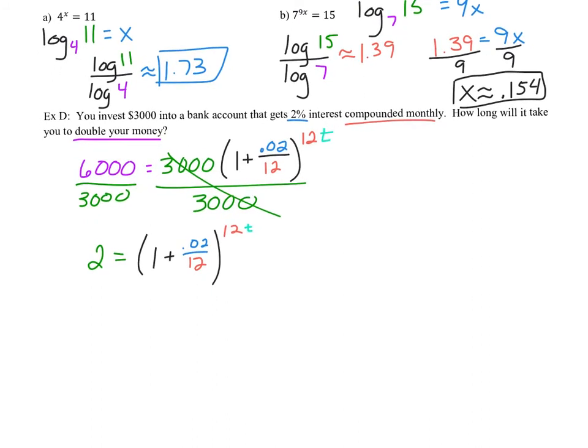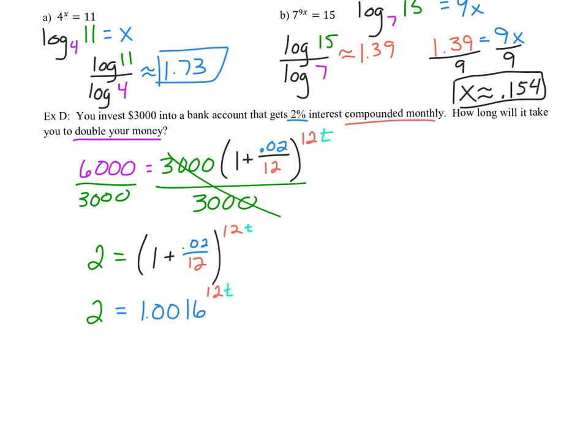So now I'm like, well, this exponent is still tied to all of this. Well, all of this really is just a number, right? So I want to figure out what that number is. So I'm going to do 0.02 divided by 12, and I'm going to add 1 to it. I'm going to get 1.0016, and that's an approximate, right? Like I had to chop that decimal off. So that is all to the 12t.